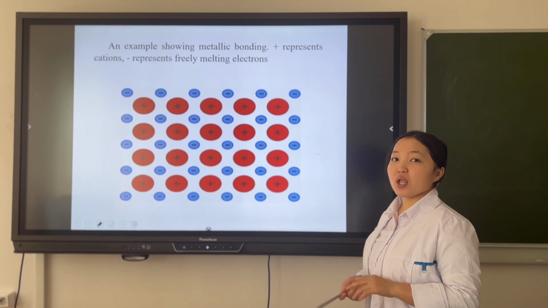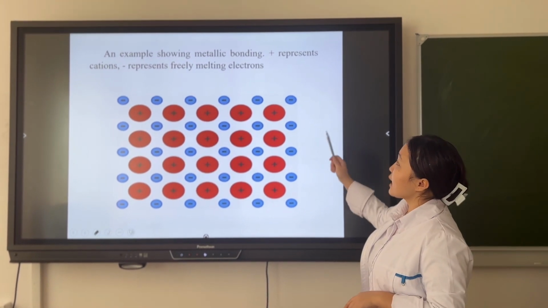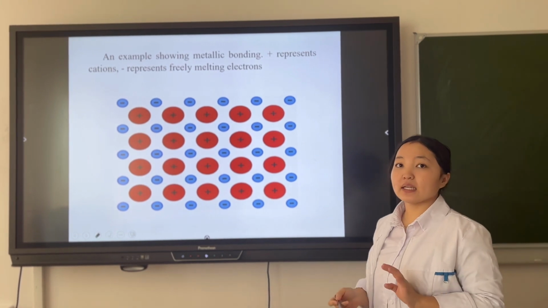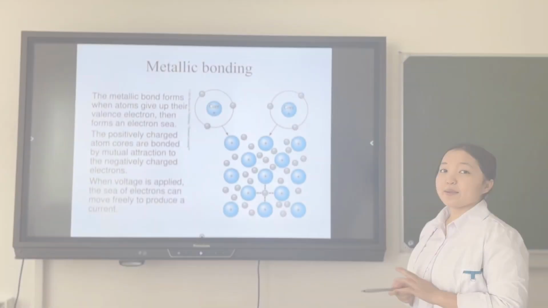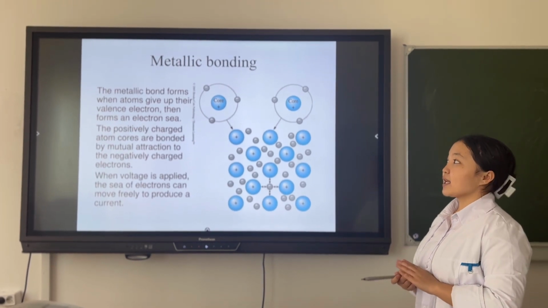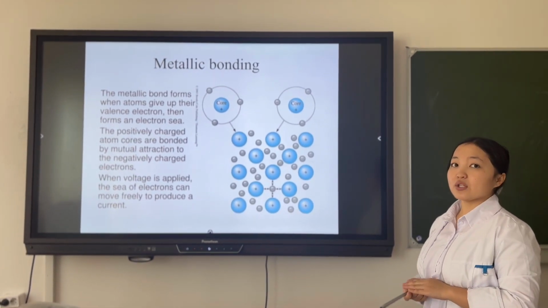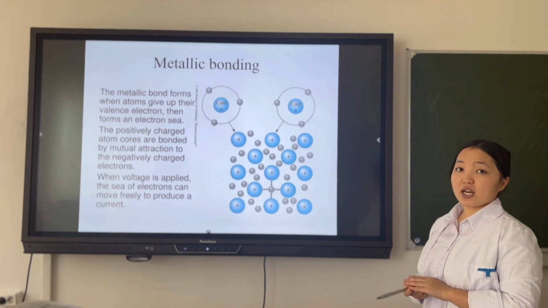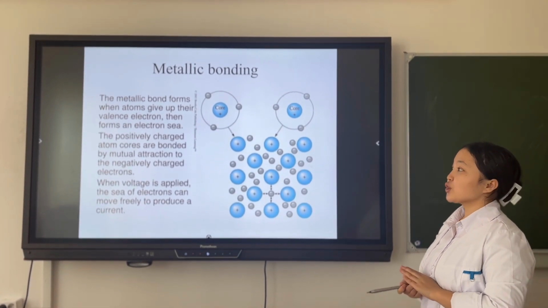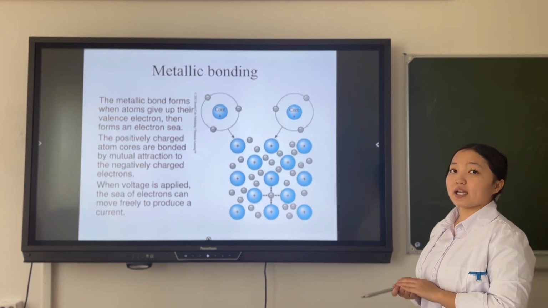An example showing metallic bonding represents cations and freely moving electrons. The metallic bond forms when atoms give up their valence electrons, then form an electron sea. The positively charged atom cores are bonded by mutual attraction to the negatively charged electrons.